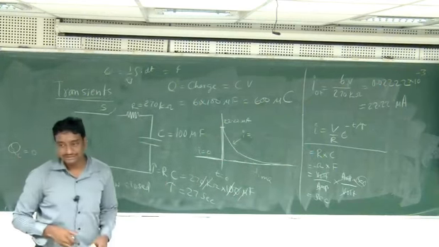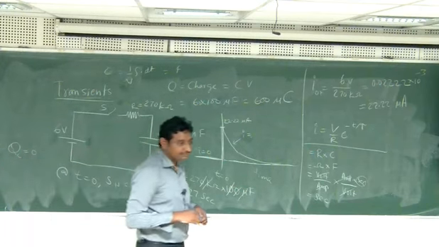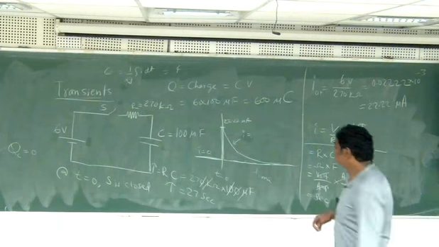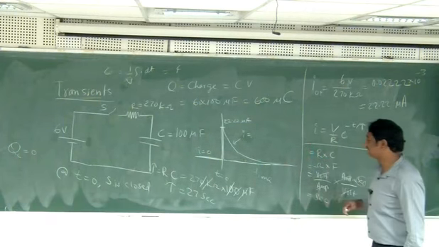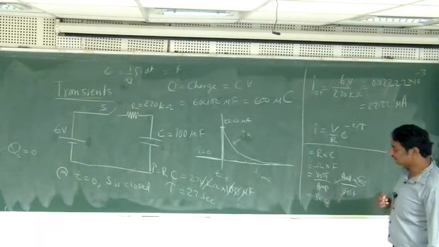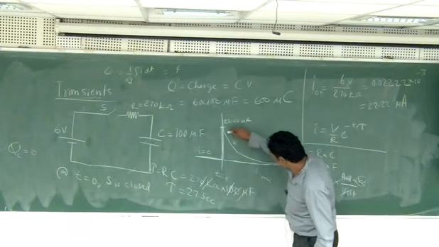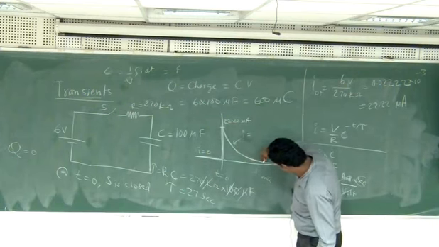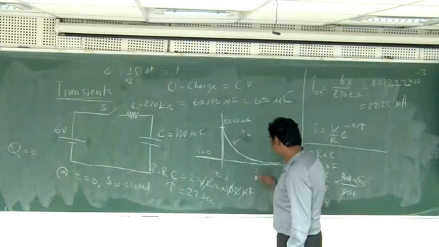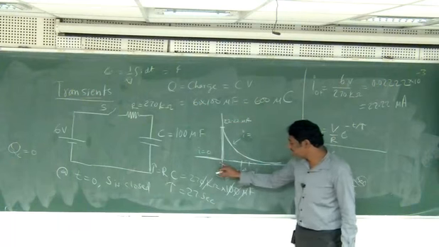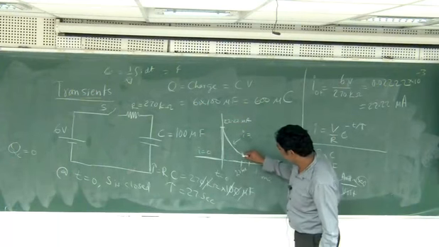So what is the significance of this 27 seconds? What happens in 27 seconds? Somebody already answered it. Let's say this is 27 seconds. From 0 to 27 seconds, the value will decrease.